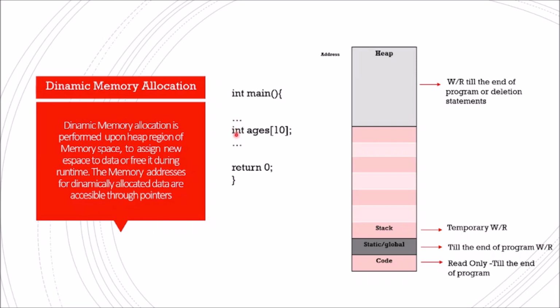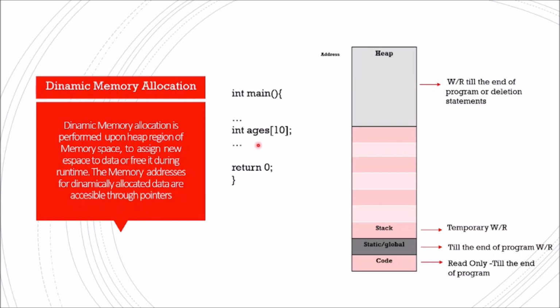Here we have an array of 10 integers whose name is ages. I am going to collect 10 different ages, okay? But let's now consider the following case.